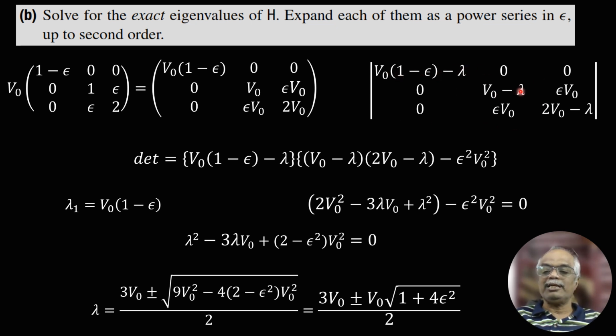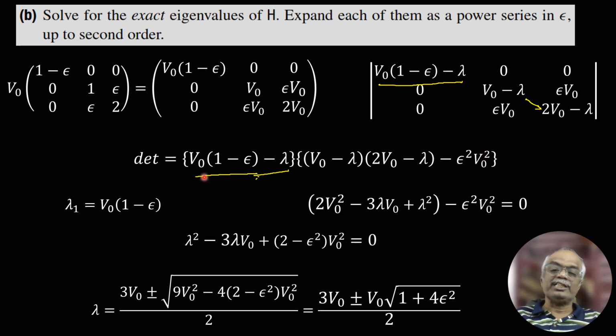Here you have V naught 1 minus epsilon minus lambda, here V naught minus lambda, here 2 V naught minus lambda. Now you find the determinant. You take this value, V naught 1 minus epsilon minus lambda, and multiply by V naught minus lambda times 2 V naught minus lambda, minus epsilon squared V naught squared.